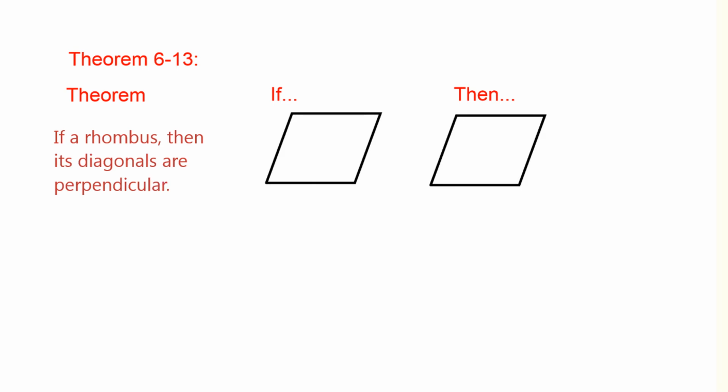So let's take a look at that. If we have a rhombus, and remember our diagram of a rhombus, we have 4 congruent sides. So if it's a rhombus, then the diagonals are perpendicular.